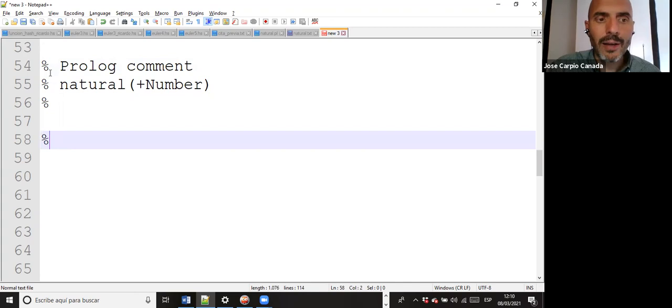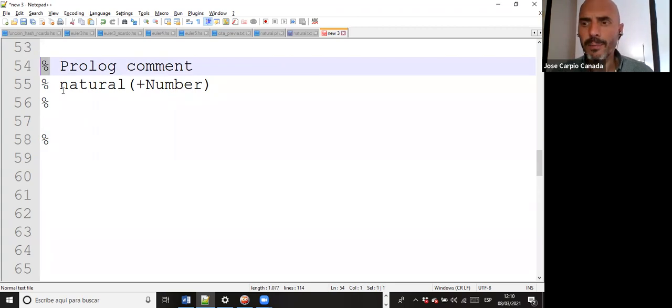So it's usual to have these lines that are not part of the code but help us understand what is happening in this code. We're going to use that frequently to create comments in our code.